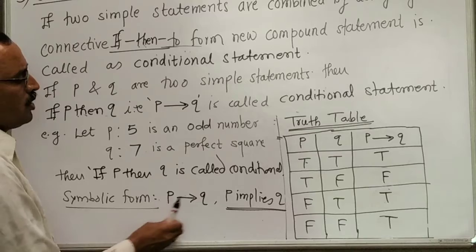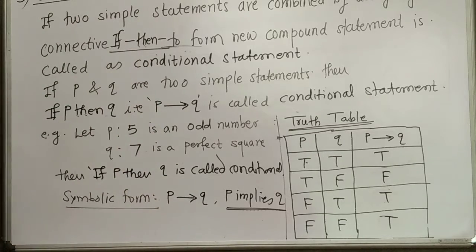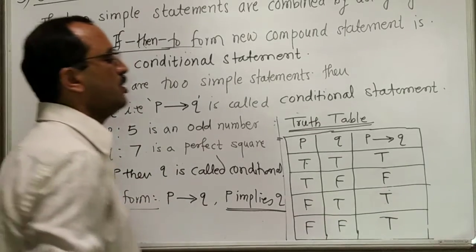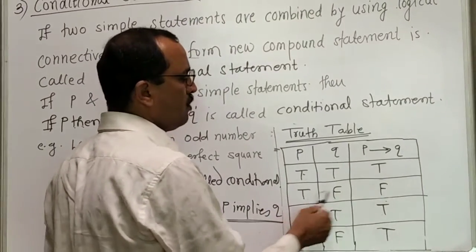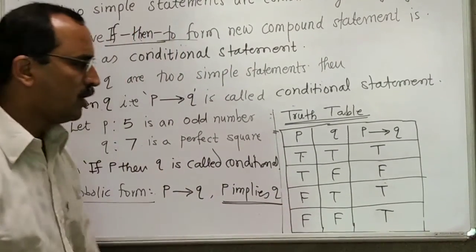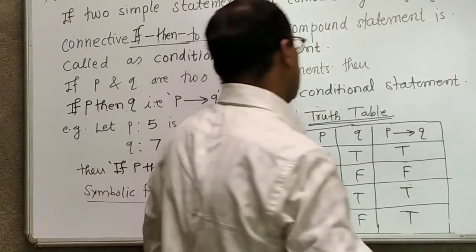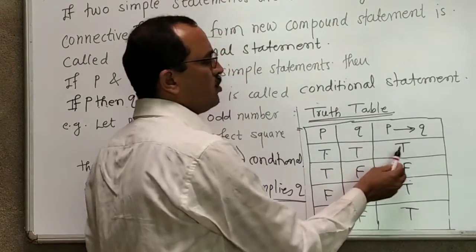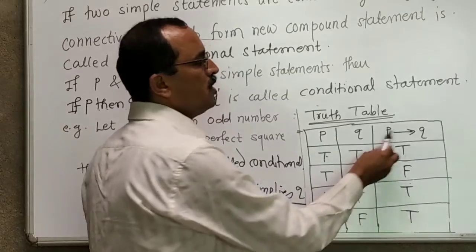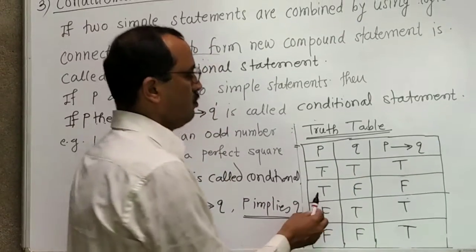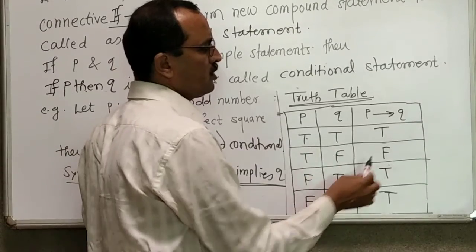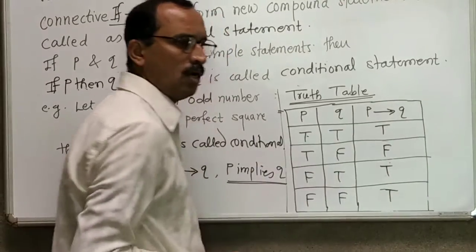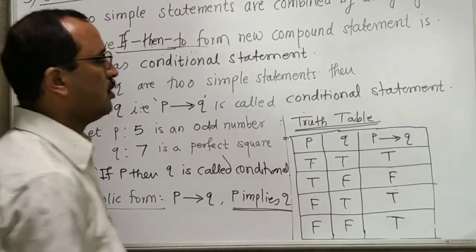Here we write the truth table for the conditional statement, that is the if-then statement. Again P and Q are two statements, so there are four possibilities: TT, TF, FT and FF. If both statements are true, the resultant statement is true, meaning P implies Q is true. First statement true, second statement Q false, then P implies Q is F, false.